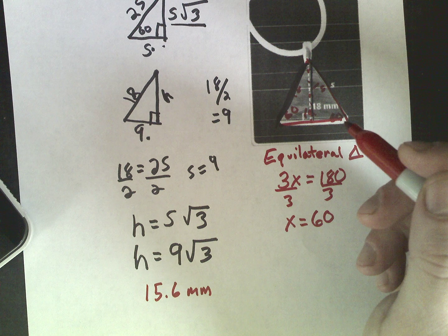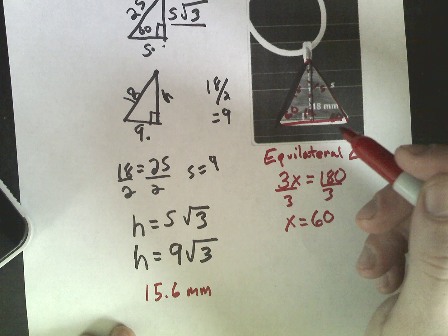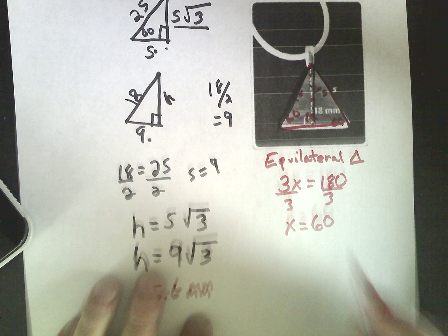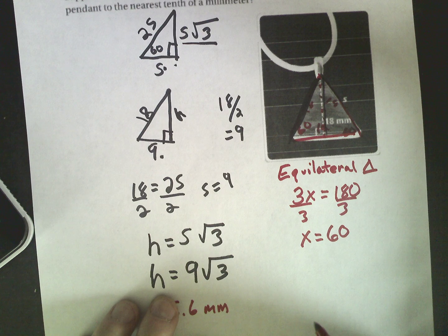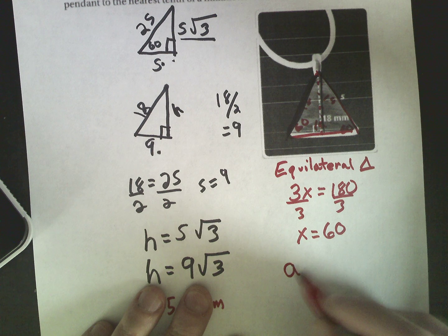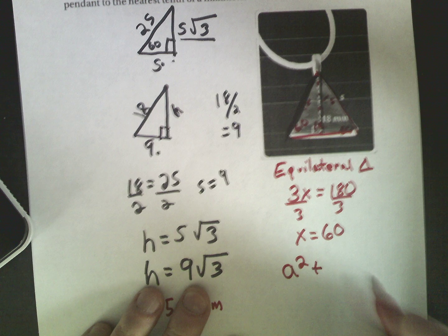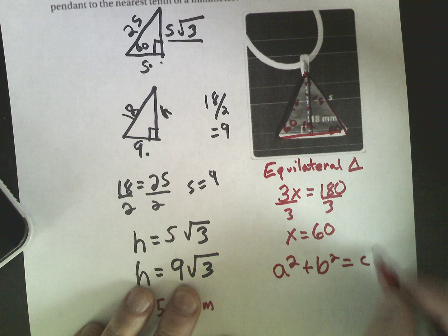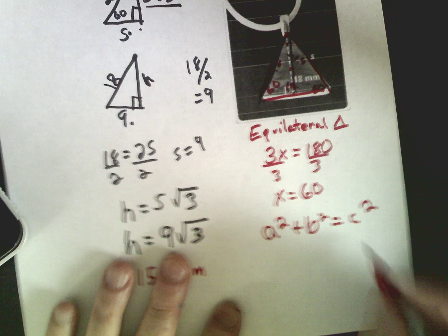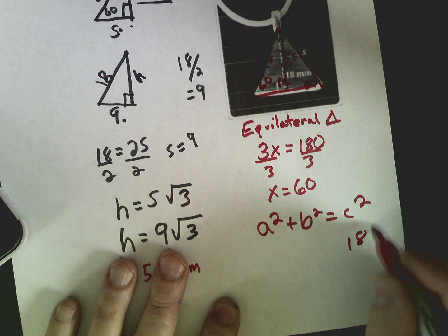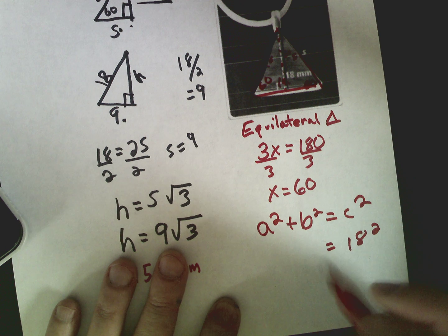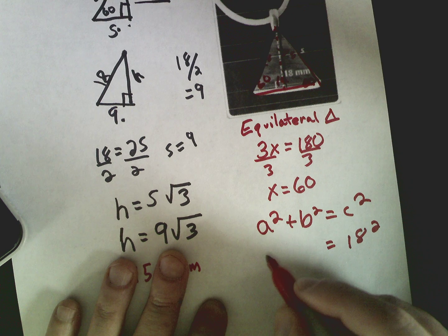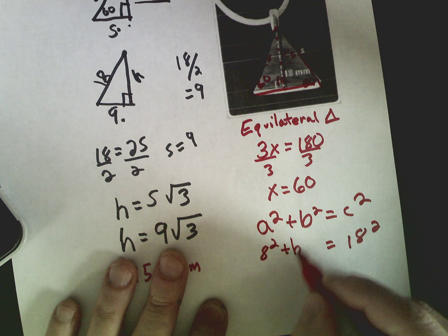I might actually use the Pythagorean theorem. With this same triangle, I have the hypotenuse, which is always the biggest one, 18, equals a squared, the shorter side, plus b squared.